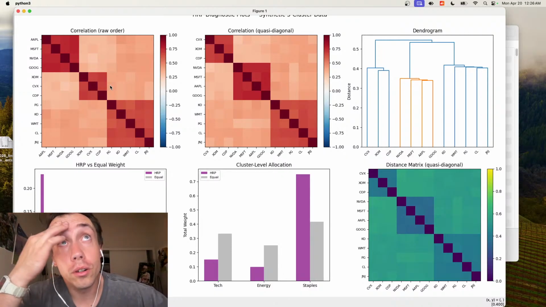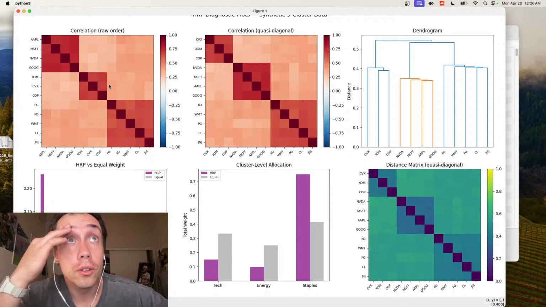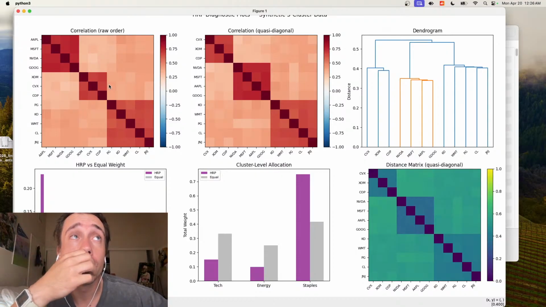Correlation raw order, correlation quasi-diagonal. So it should group close things to each other. I mean, this is Apple, Microsoft, and okay, so that's not really a good test.